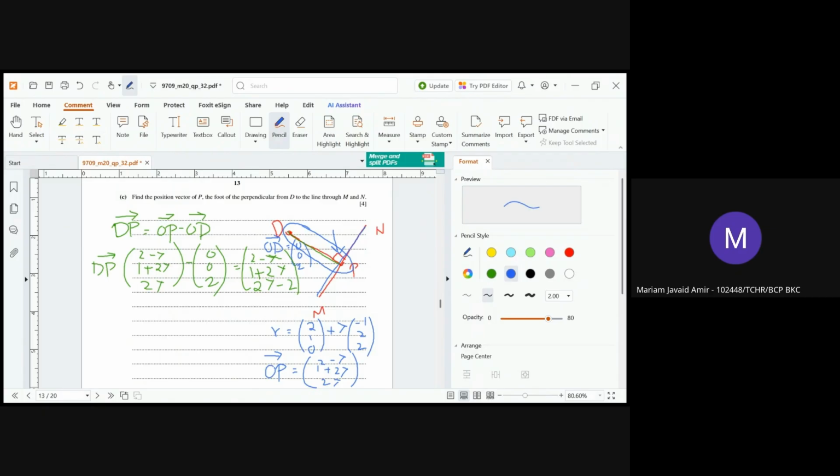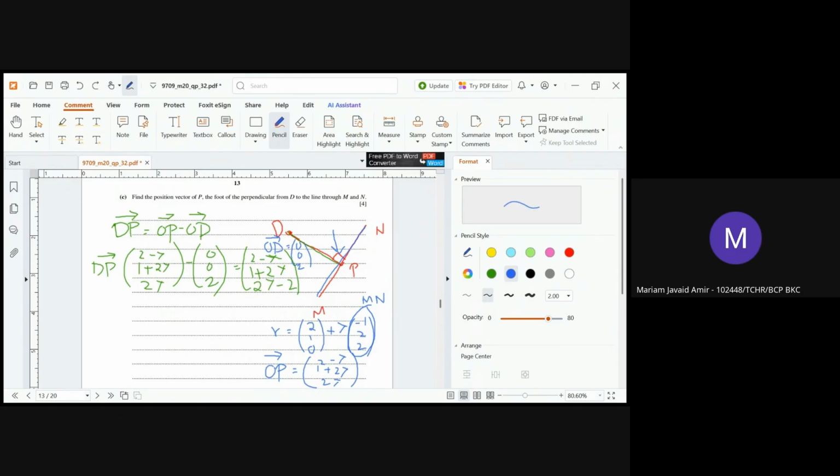So DP dot something equals 0. What is that something? We need a vector in this direction, which we already have. We have MN. Remember, we found the vector MN while we were finding the vector equation of the line passing through MN.